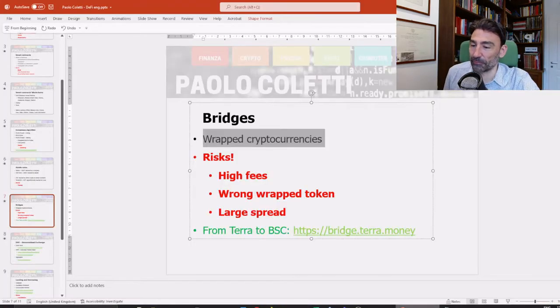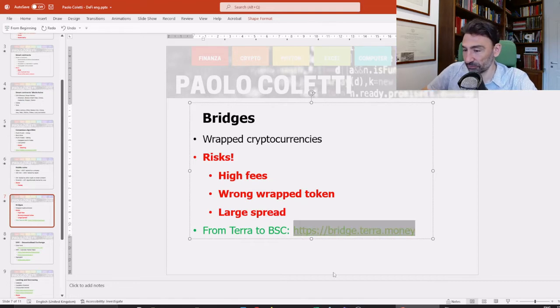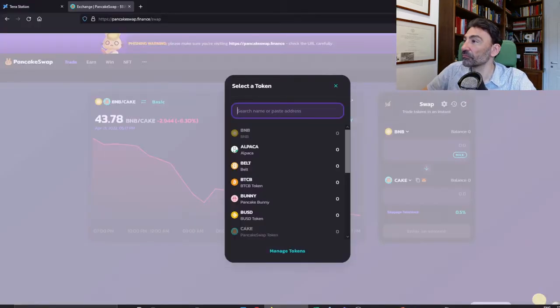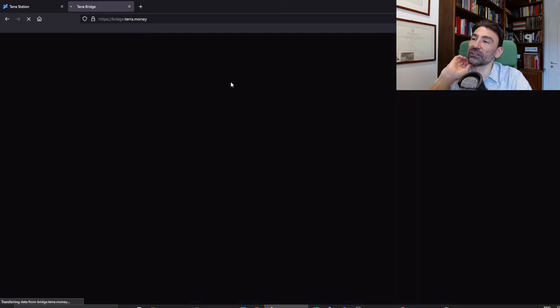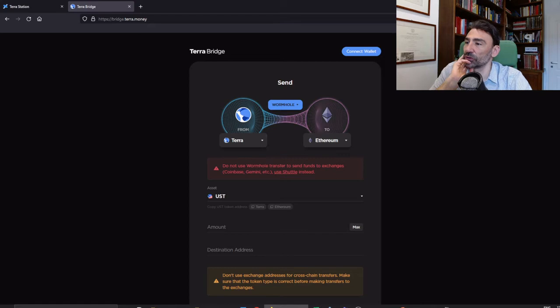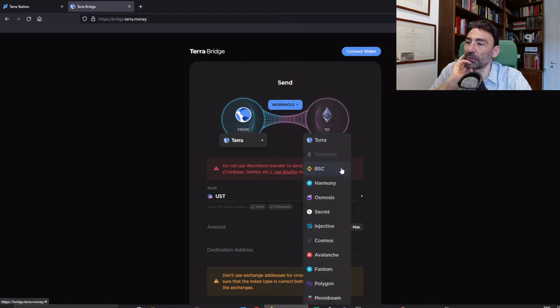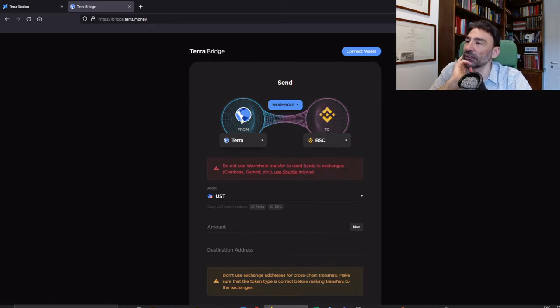Let's see an example, because I know that it's pretty strange. This is a bridge between Terra and, usually, Binance Smart Chain. So, no, Ethereum, Binance Smart Chain, okay. So it bridges Terra to Binance Smart Chain. For example, UST.